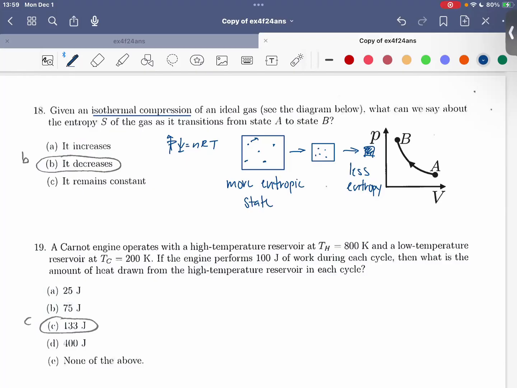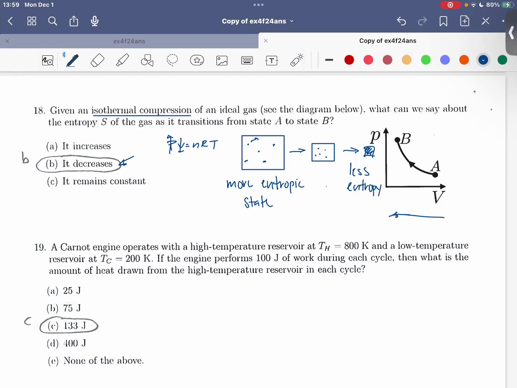Okay, so that's one way to think about it. That's one way to get this. It decreases. The other way to think about it is that as it moves this way, you're technically losing temperature, or technically losing heat, because it's not like the pressure is compensating for the heat loss.